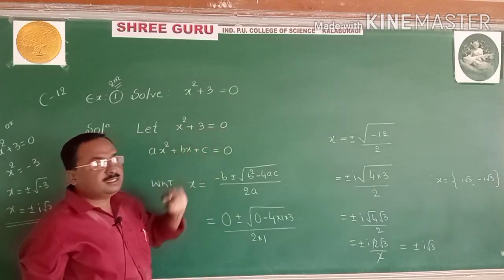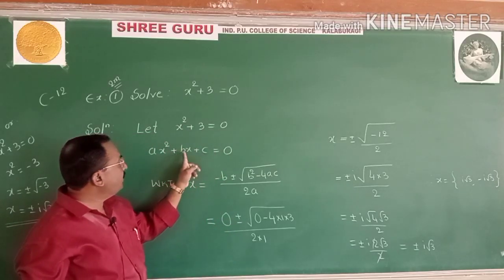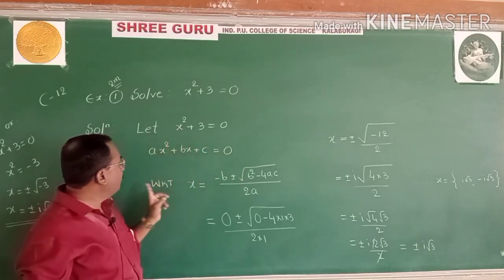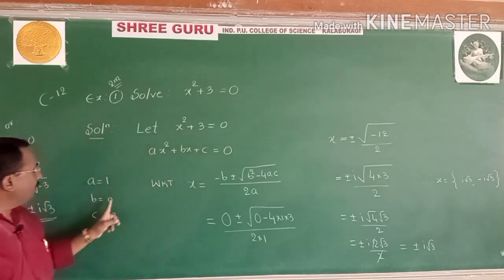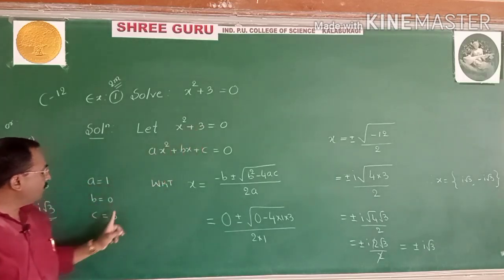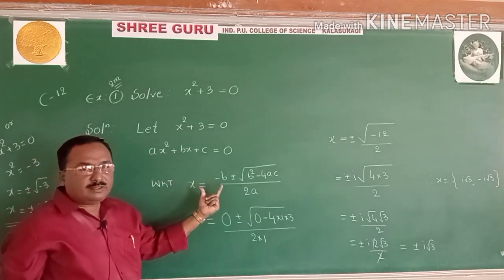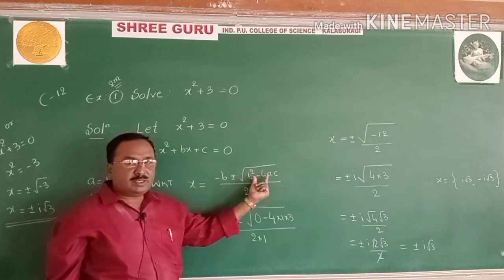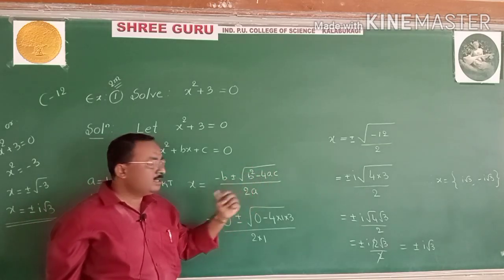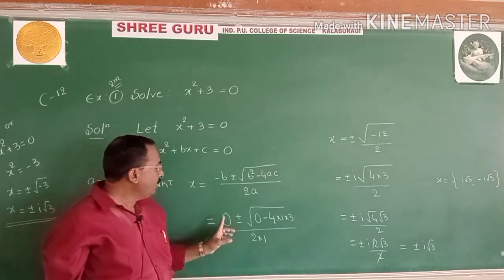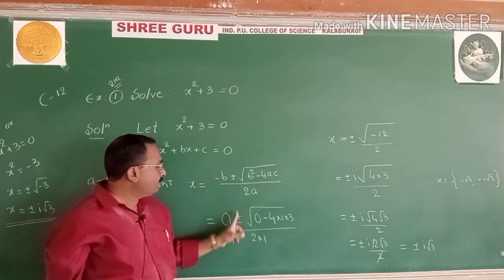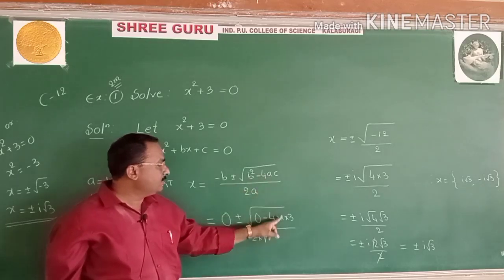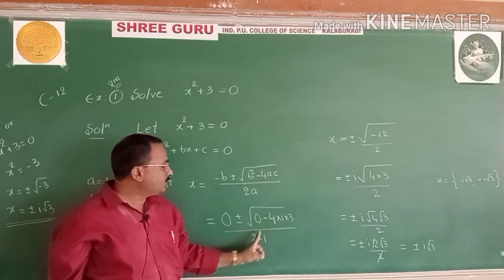X square plus 3 is equal to 0. Ax square plus bx plus c is equal to 0 form. A value is 1. Here there is no b, 0. C value is 3. We know the formula: minus b plus or minus square root of b square minus 4ac divided by 2a. Here b value 0 plus or minus square root of b square 0 minus 4, a is 1, c is 3. 4 3s are 12.